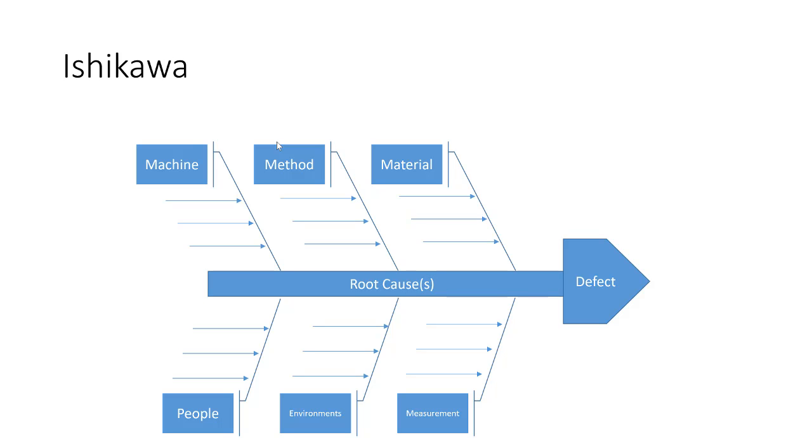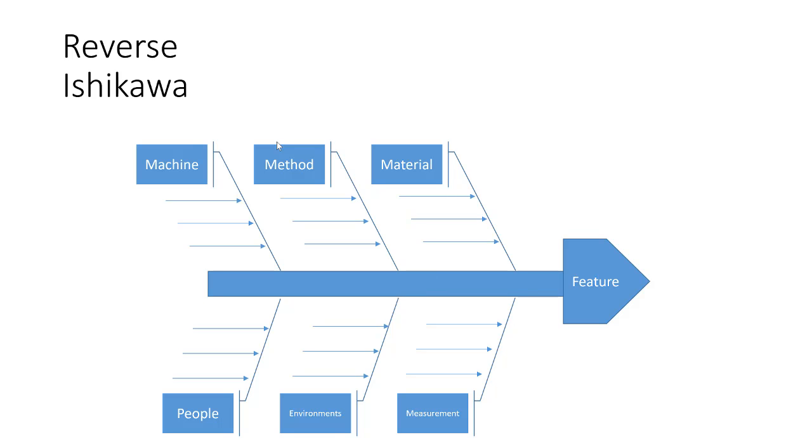That's what Ishikawa is, a root cause analysis tool. Well, I've flipped it around and I call it reverse Ishikawa, because you can use the same tool, I find, to take a feature or whatever, however you bound the piece of work that you're wanting to analyze, and look at these different headings to identify risks with them.